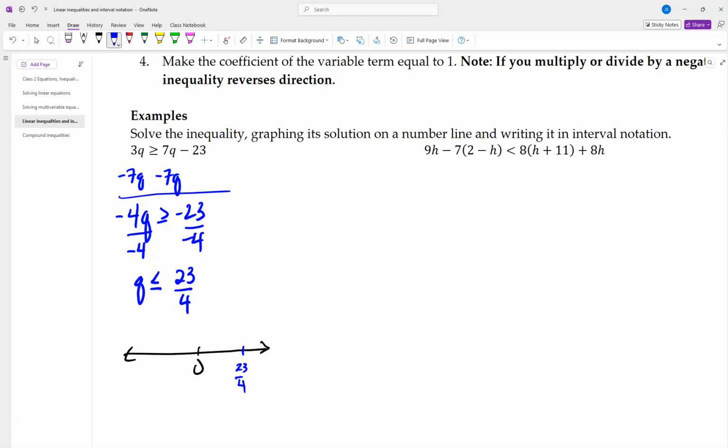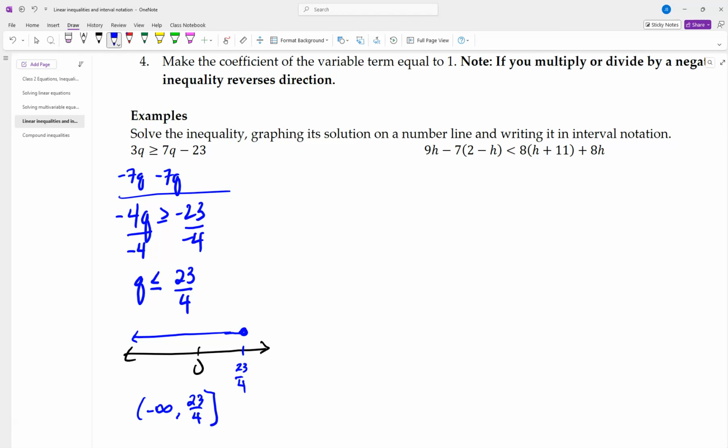And so here I'd have q is less than 23 over 4 or equal to, so I have a filled in dot. And so my interval notation would be left boundary is all the way off at minus infinity. Right boundary is 23 over 4 with a bracket. All right. There we go.